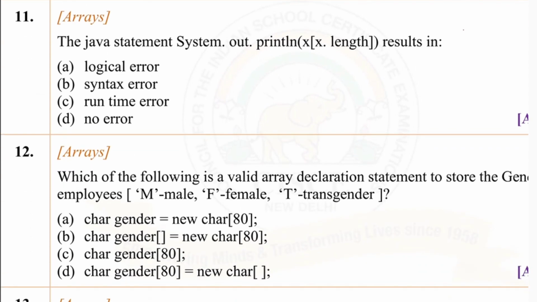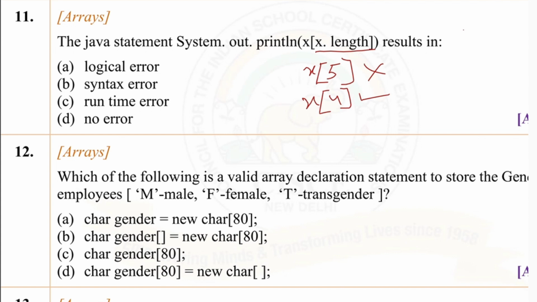The Java statement System.out.println(x.length). Here x.length finds the length of the array. Let the length of the array be 5. Then x[5] is not possible because the last index is 4, length minus 1.